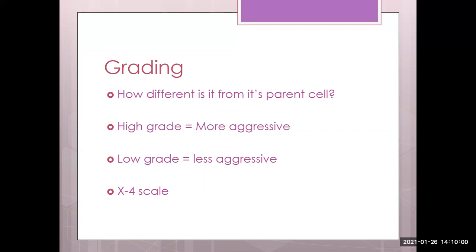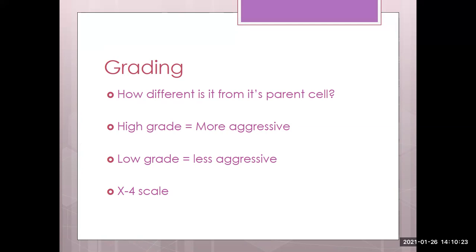So if you have anything that's an X, because a lot of these scales involve an X, an X means it's not been determined or not been assessed. And then grade 1 through 4. So a grade 1, the tumor cells are differentiated and they're pretty similar to where they started out as.